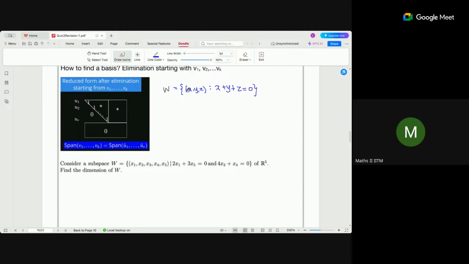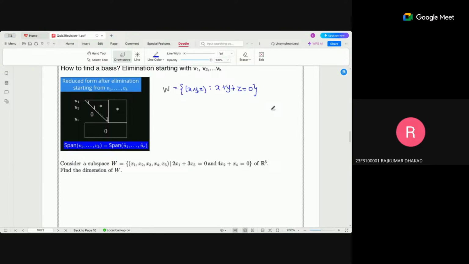What is the basis of this subspace? How will you find it? Using canonical form? Do you really need canonical form here? Is there any other method? Canonical basis is there, but I'm asking if you're given a specific subspace, how will you find the basis?